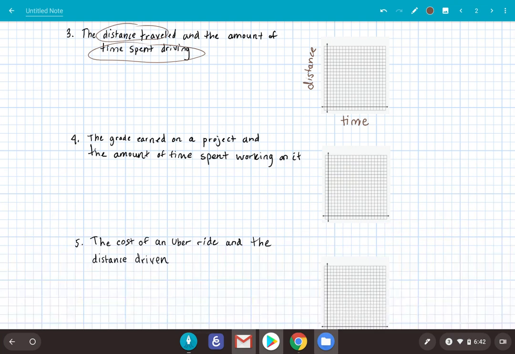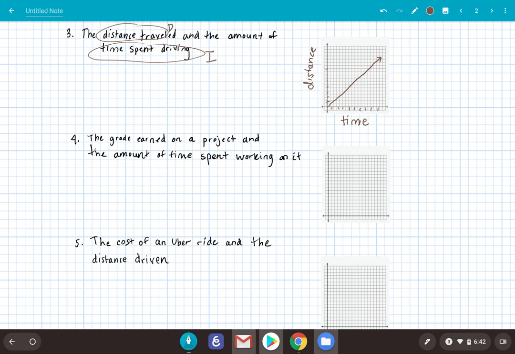So we could put our distance on the y-axis and we could put our time on the x-axis. So as we've gone a certain amount of time, as our time increases, our distance is going to be increasing. So it would be like time is going to determine the distance.